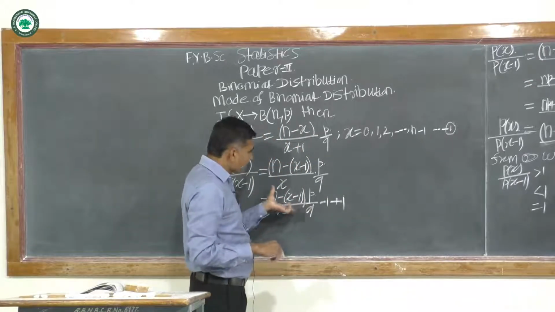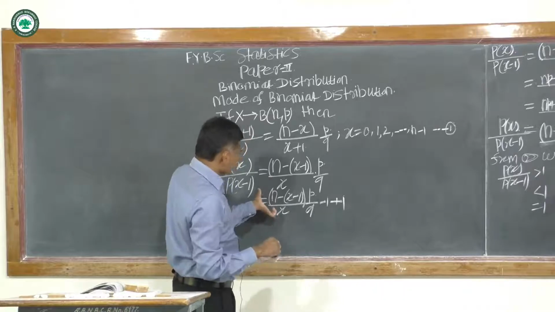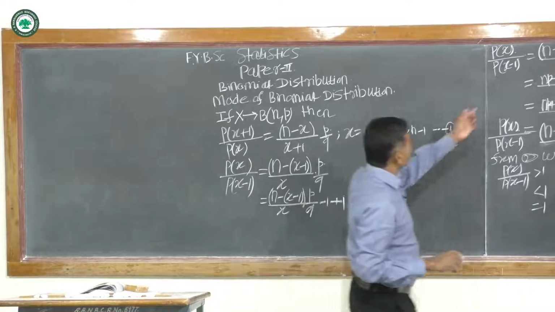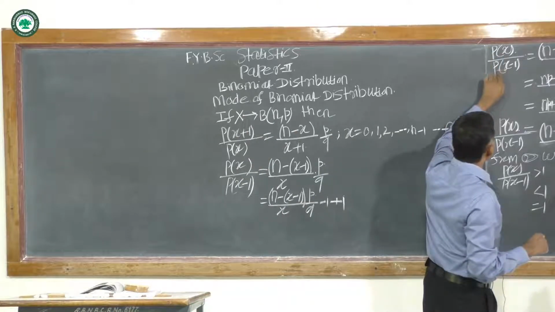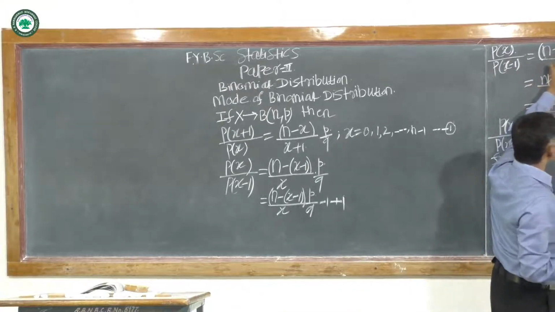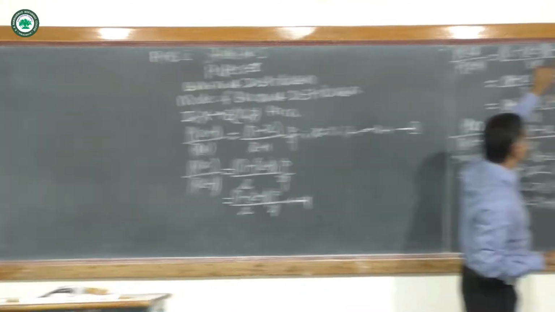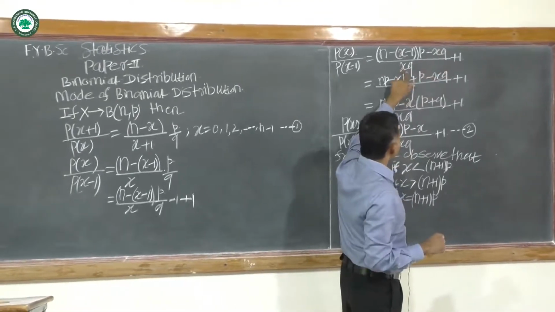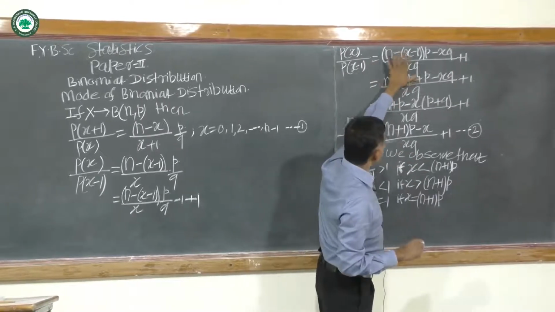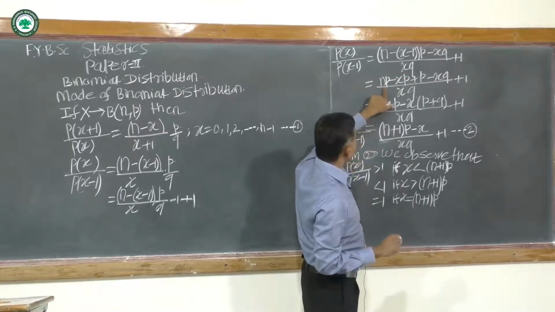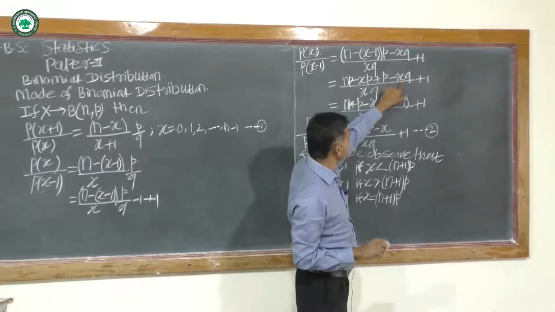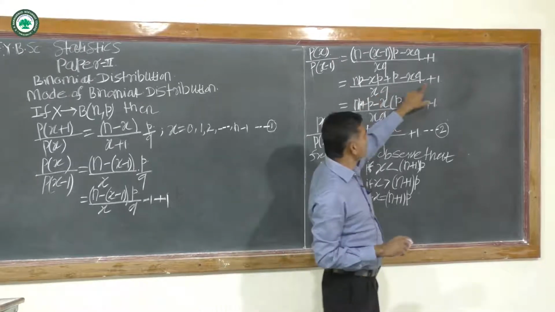We make an adjustment in this term. Now this can be further simplified as follows. P of x upon P of x minus 1 is equal to n minus (x minus 1) into p minus x into q upon x into q plus 1. And further, after simplifying this, we have n into p minus x into p plus p minus x into q upon x into q plus 1.